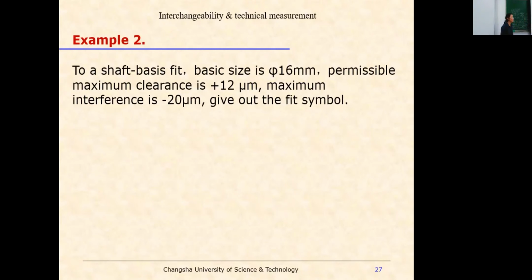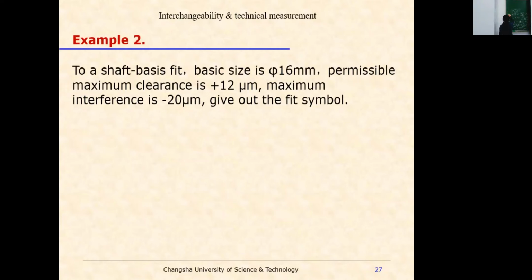Ten minutes is okay. About this maximum interference, it is minus 20. So what does it mean? The clearance is 12. This is the move range, right? So this is the balance. This is the clearance. It's the same.